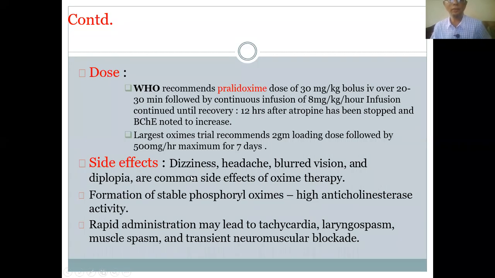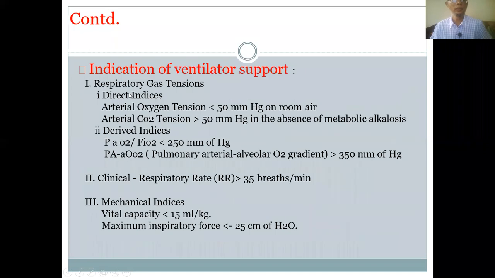Side effects: there are many. Dizziness, headache, blurred vision and diplopia can occur, and formation of stable phosphoryl oxime with anticholinesterase activity. Rapid administration may lead to tachycardia, laryngospasm, muscle spasm, and transient neuromuscular block. So you can get this.